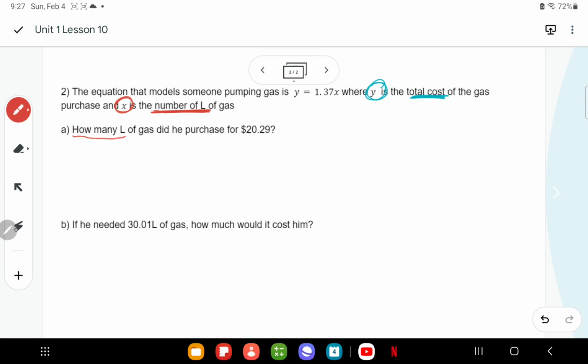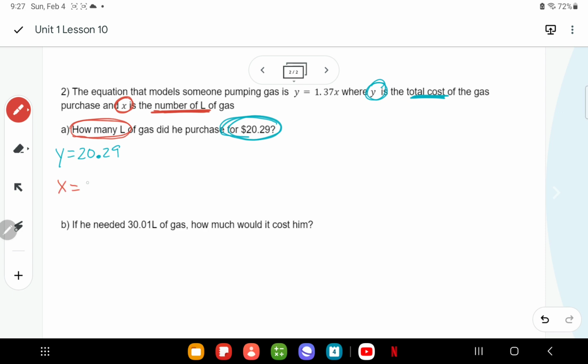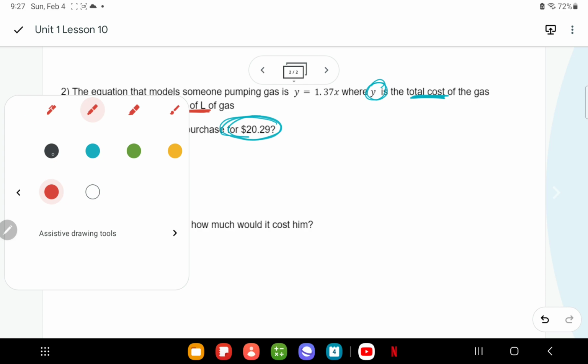So here this says how many liters, that's what we're looking for. And remember, my y was total cost. So this is my y. So we've got y is 20.29, and x says how many liters, so that's what I'm looking for. That's going to be my question mark.